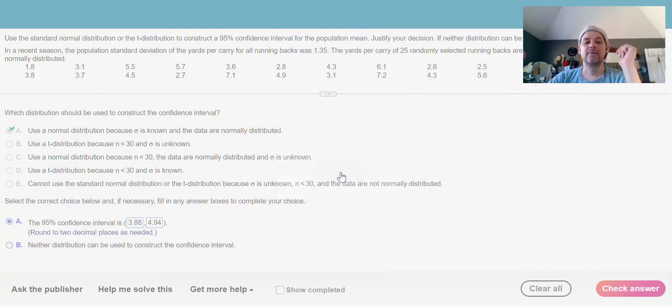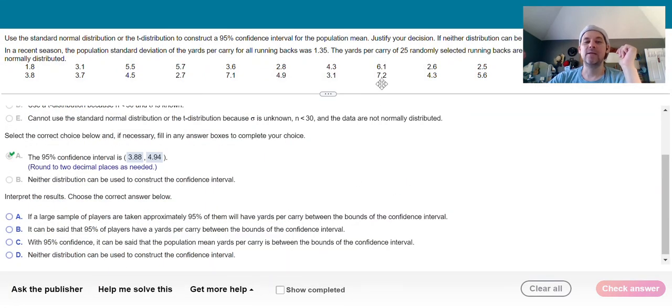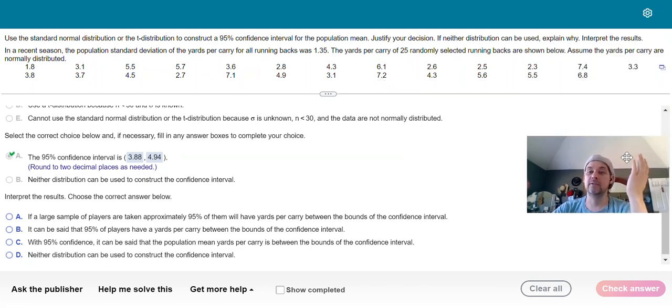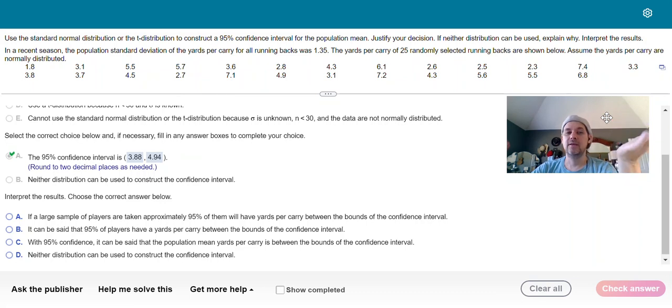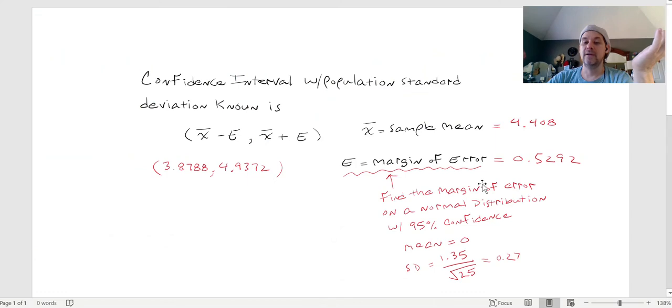Okay. So I think the key with this one is doing the calculations in StatCrunch. You could find the sample mean with a handheld calculator, but we got StatCrunch right there. It'll do it for you. And definitely you have to use StatCrunch to find this margin of error number from the normal distribution.